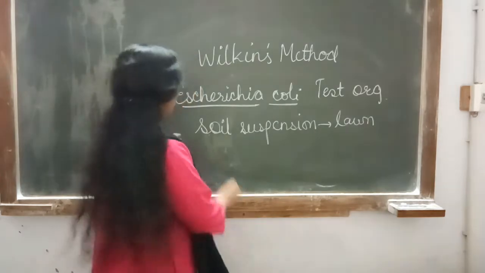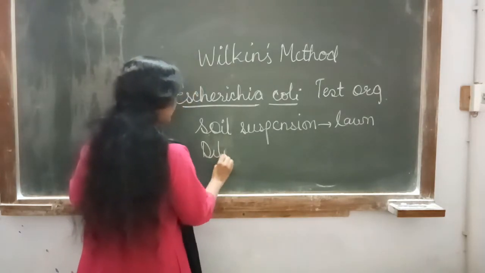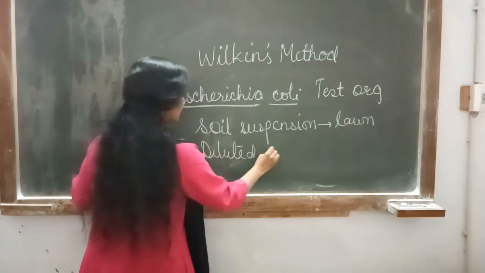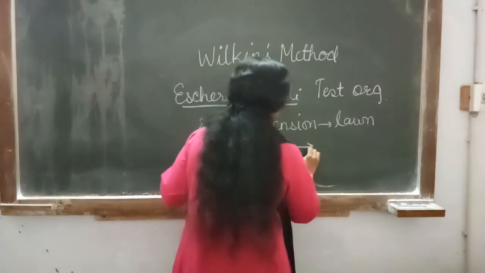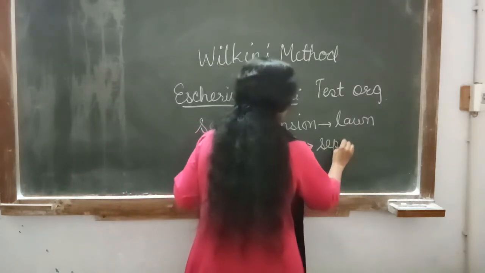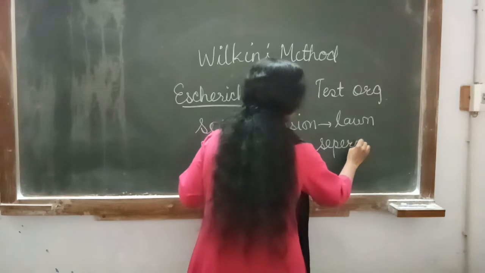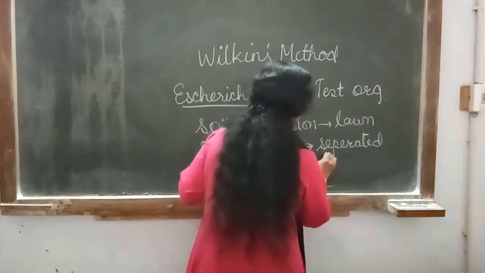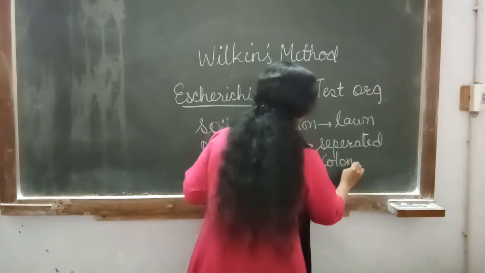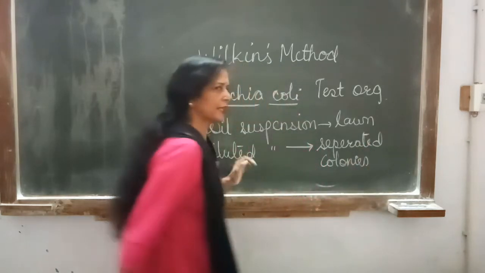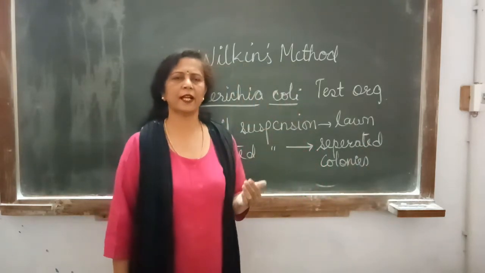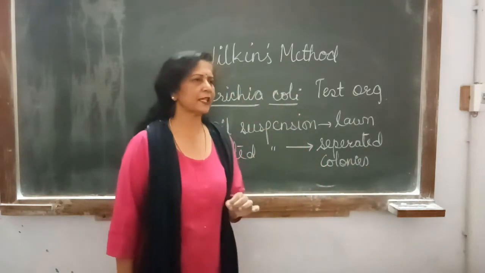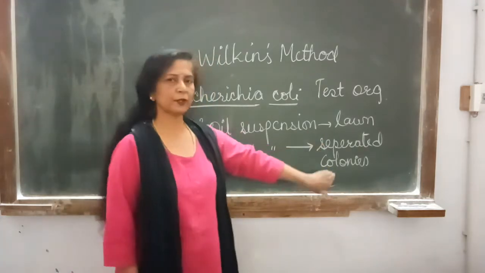But when you dilute out your sample, what will happen? You are going to get some separated colonies. So the prediction of the result and conclusion will be easier when you have separated colonies.